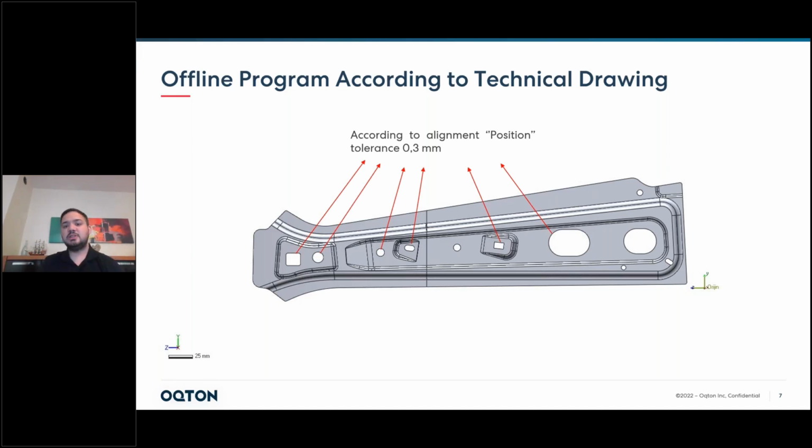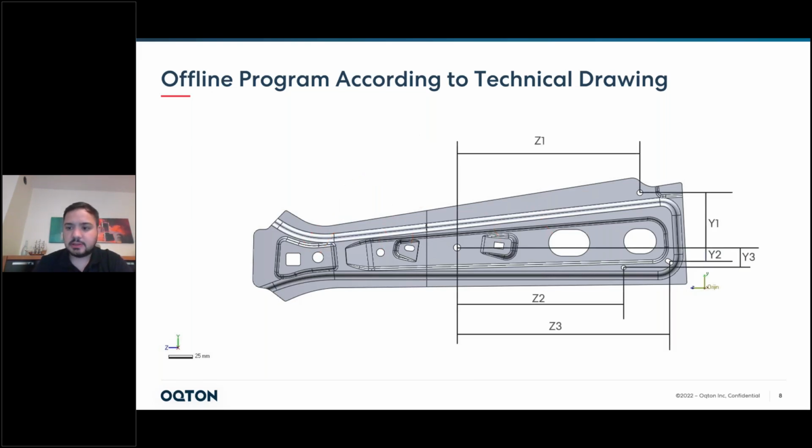Like in this one, I can't share any partial or confidential part of the technical drawing, so I just created arrows to show what we are going to inspect. According to the alignment, the position tolerance will be 0.3 millimeter for these slots or the whole locations. We can also check these features using Control X. And of course, there are untraditional dimensions in our technical drawing.